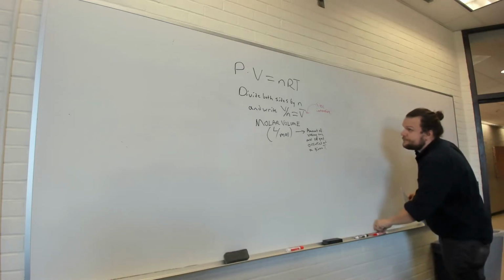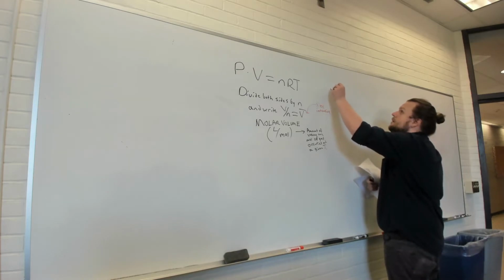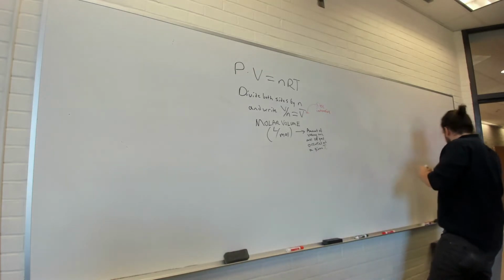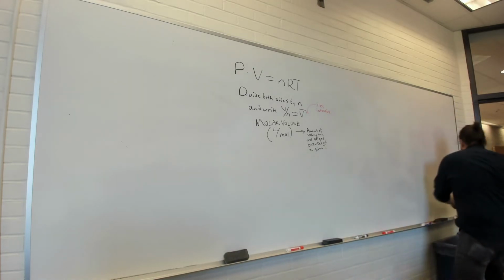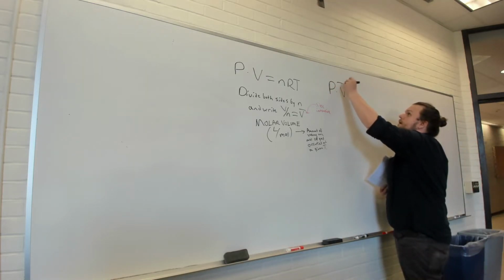So what we can do now is rewrite PV equals nRT as P times V bar equals RT.